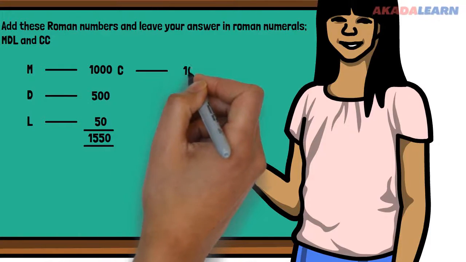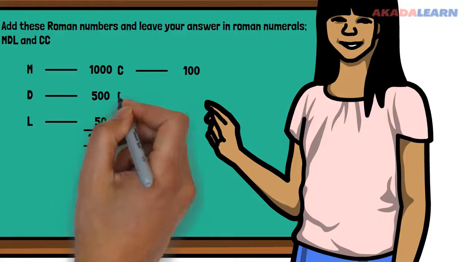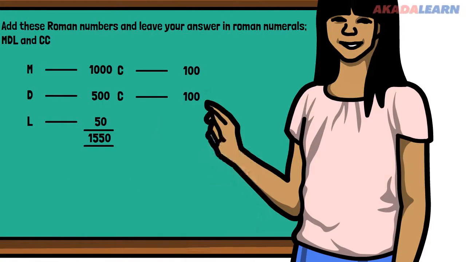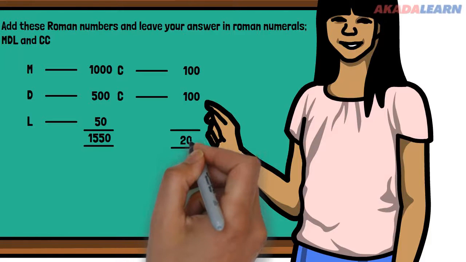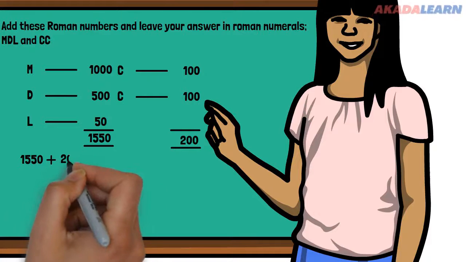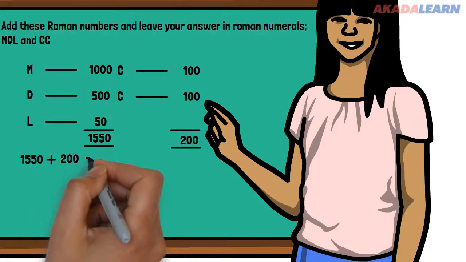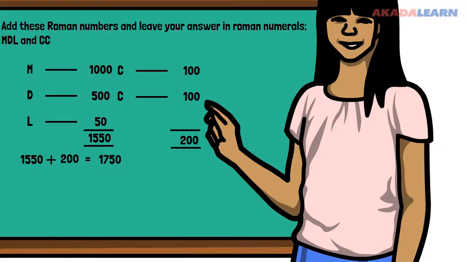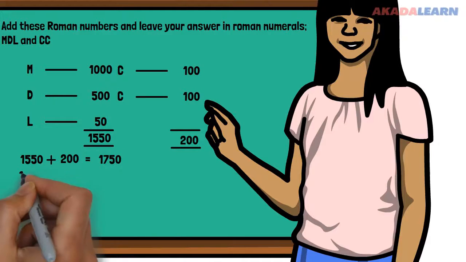So let's go to the next one, CC. So C is 100 and C again is 100, which gives 200. So 1550 plus 200 is equal to 1750. So let's put this number in Roman numerals now.